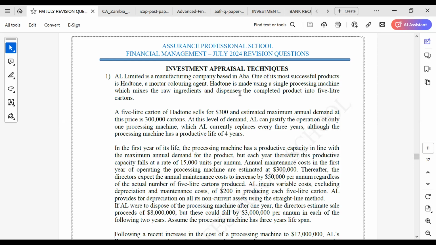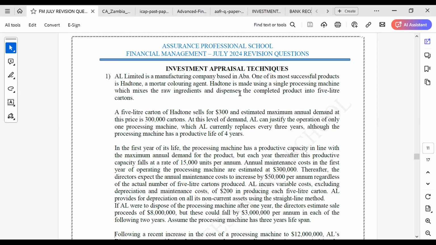Annual maintenance costs in the first year of operating the processing machine are estimated at 300,000. Thereafter, the directors estimate that the annual maintenance cost will increase by 50,000 per annum, regardless of the actual number of 5-liter cartons produced. AL incurs variable costs, excluding depreciation and maintenance cost, of 200 in producing each carton.